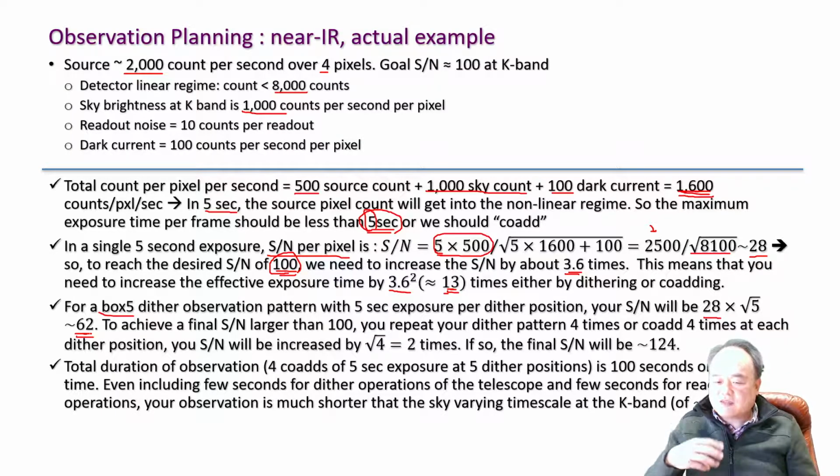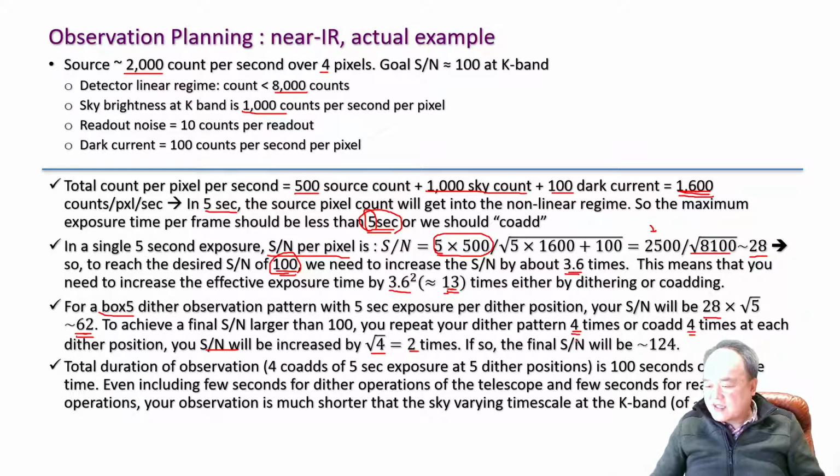So to achieve the final signal to noise ratio greater than 100 per pixel, you repeat your data pattern 4 times, or coadd 4 times at each data position. That means your effective exposure time will be increased by 4 times, so the signal to noise ratio per pixel will be increased by square root of 4, which is 2 times.